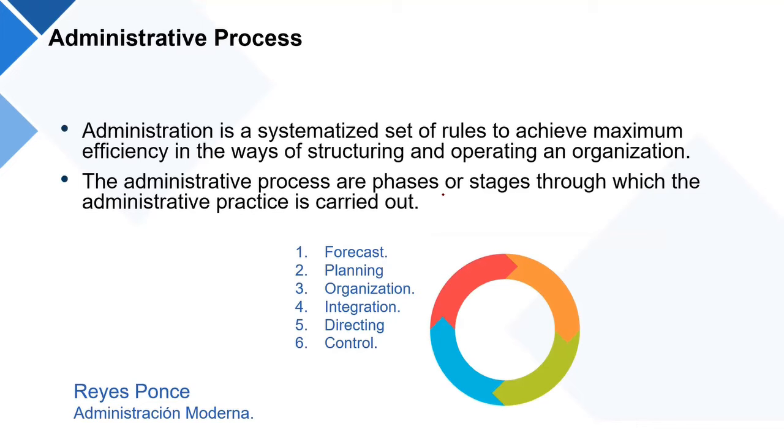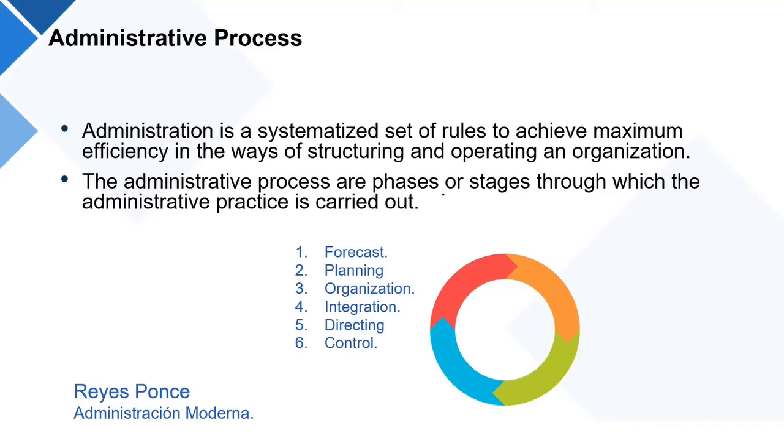Reyes Ponce is the best-known author for administrative methodology and analysis in Latin America. These are the six steps of the administrative process that Reyes Ponce put forward: you need to forecast, plan, organize, integrate, direct, and control.